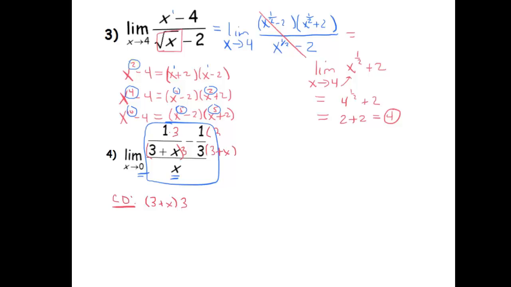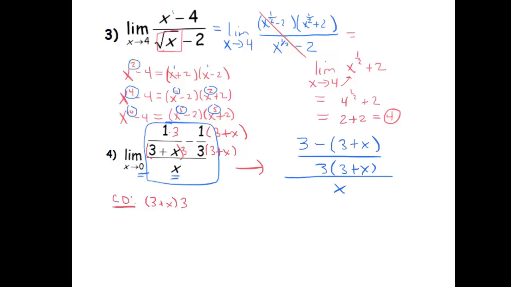And then the top needs it too. So now that expression becomes, in the top, 3 minus 3 plus x divided by our common denominator. Don't forget that all of that is over this x.